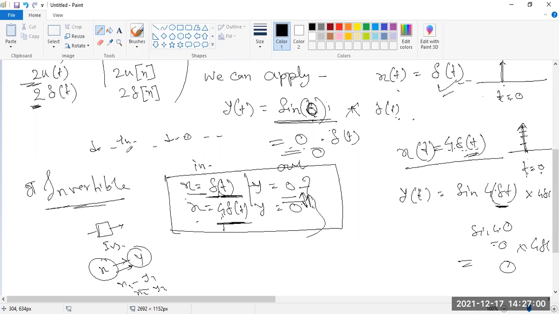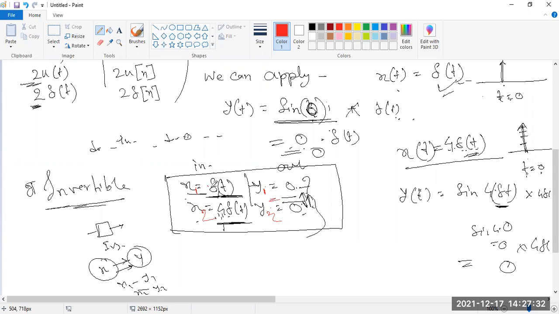So these conditions are not satisfied, that x1 has y1 and x2 has y2. Here x1 has y1 and x2 also has y1. You see that y1 and y2 are the same.